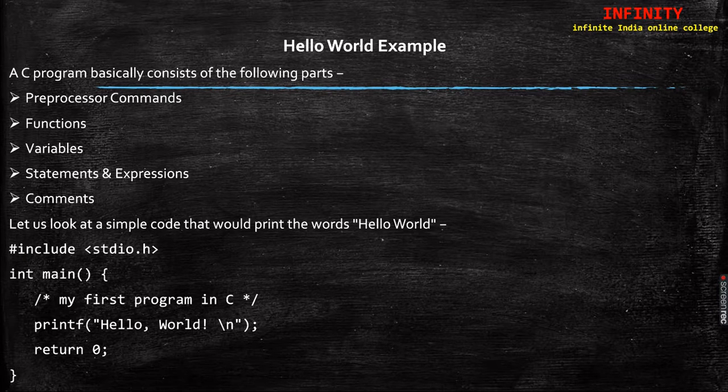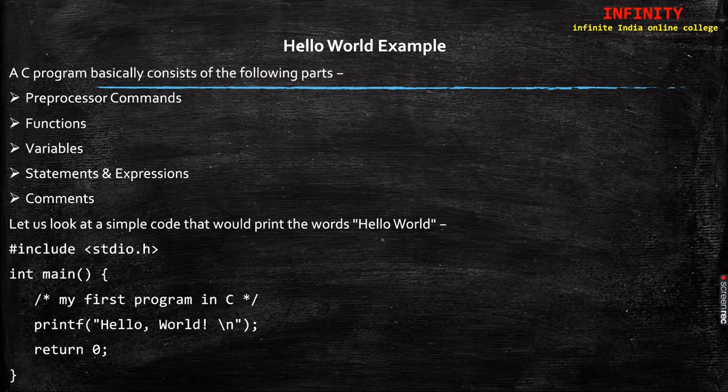The next one is the function. If no one knows about the function, then I'm going to explain it. So what is a function? A function is a group of statements that together perform a task. Every C program has at least one function, which is main, although most trivial programs can define additional functions.